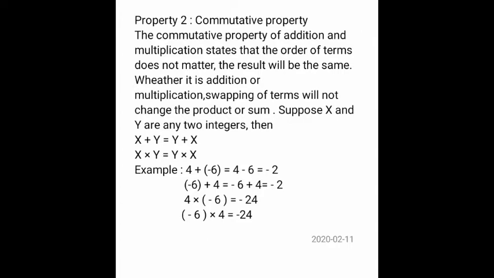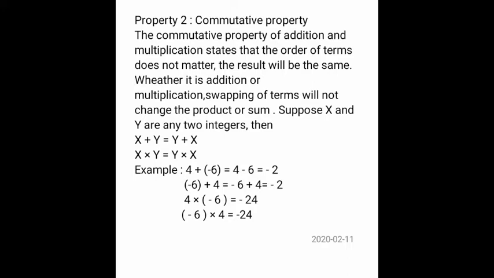Next, we discuss commutative property. The commutative property of addition and multiplication states that the order of terms does not matter. The result will be the same, whether it is addition or multiplication. Swapping of terms will not change the product or sum.